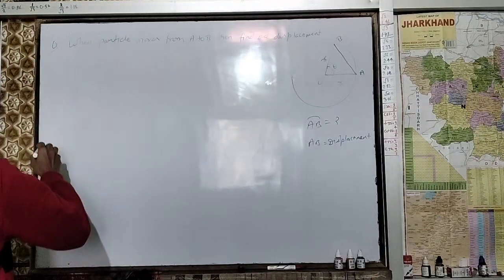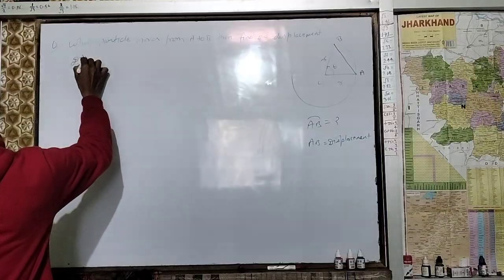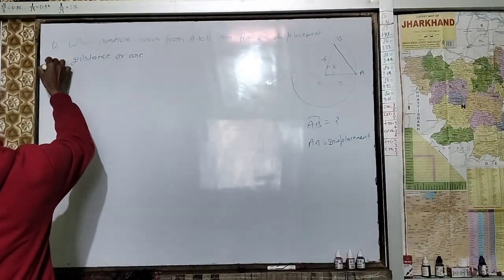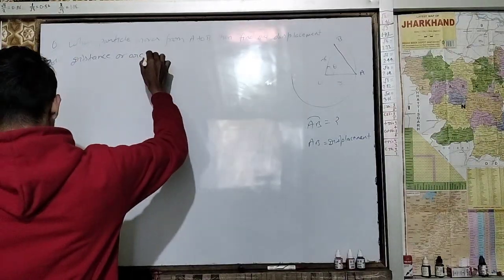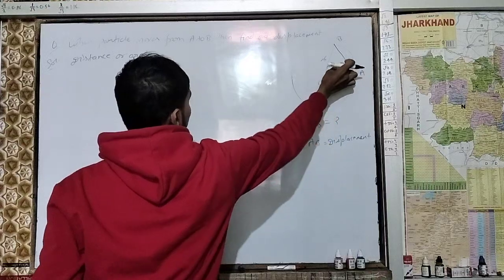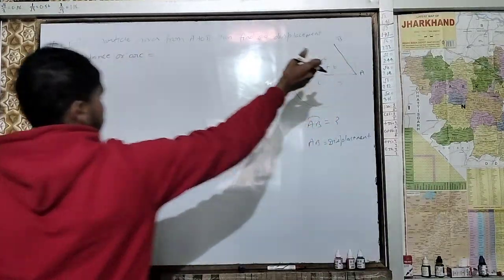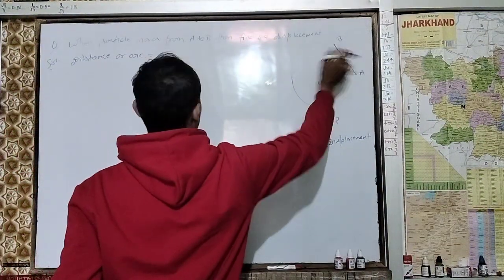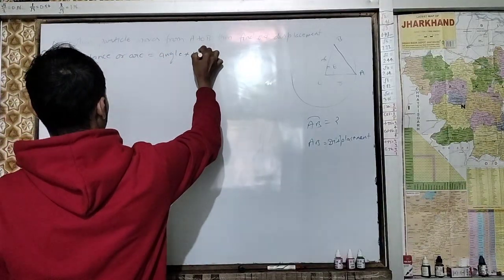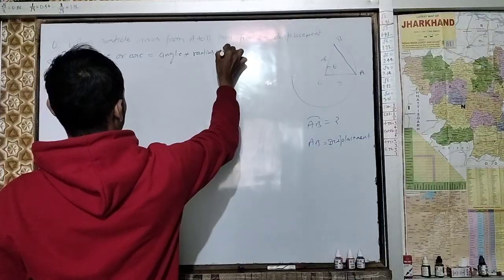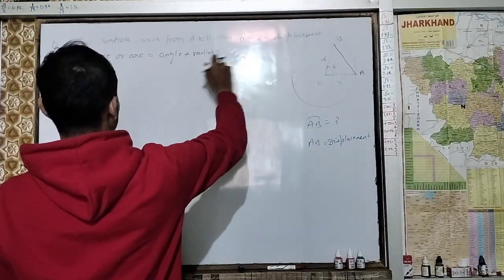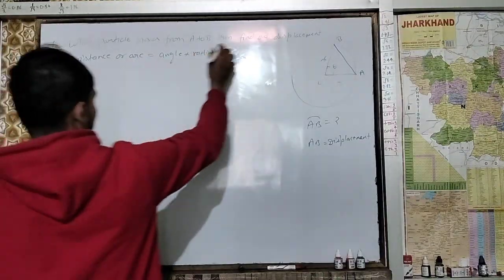So over here, for distance, or we can say arc, arc is nothing but this arc. We are calculating this part. So theta multiplied by r will be equal to the arc. Angle multiplied by radius will be equal to the arc.